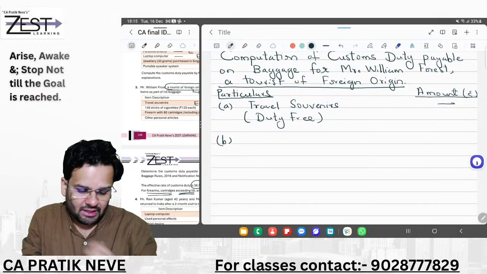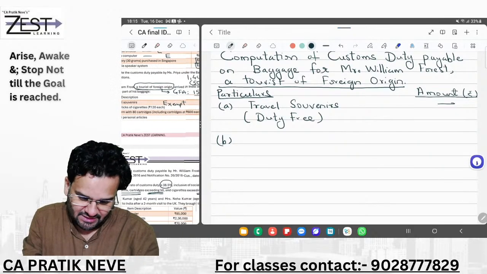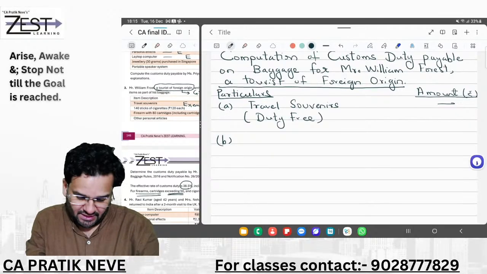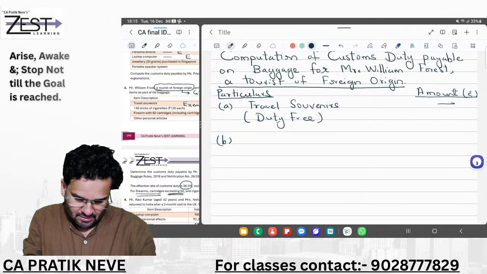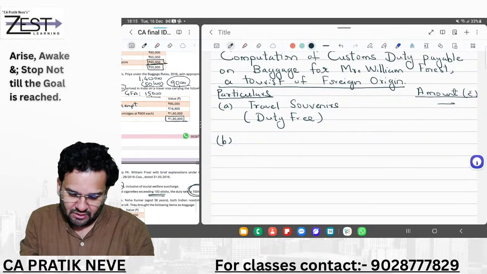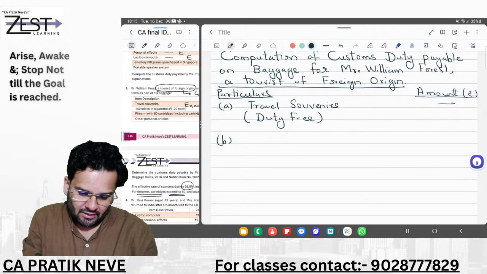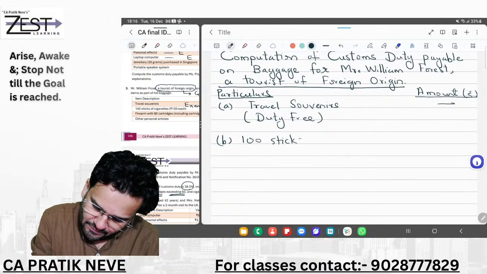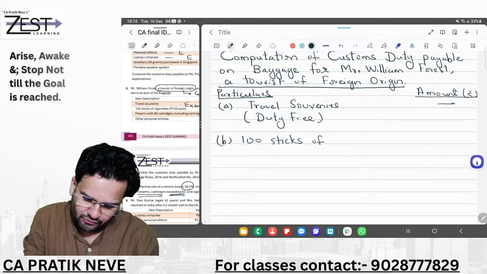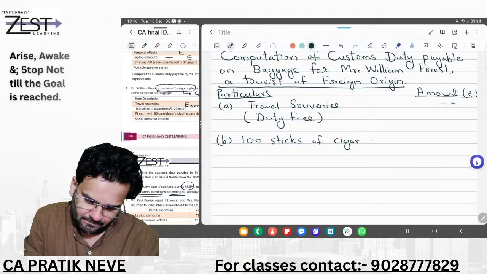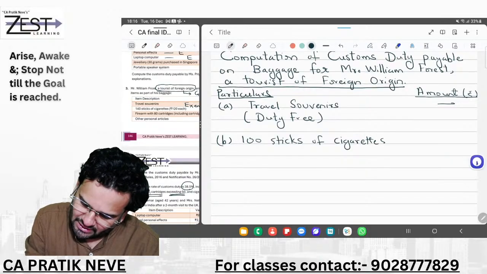Now 140 sticks of cigarettes. You are not okay with how many cigarettes? Cigarettes exceeding 100. So till 100 you are okay. So 100 sticks of cigarettes you can take here.